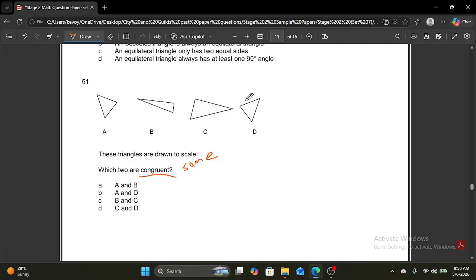Now out of these shapes, it's pretty obvious which ones are identical right here. That would be A and D as well. So A and D, so the answer is B for 51.